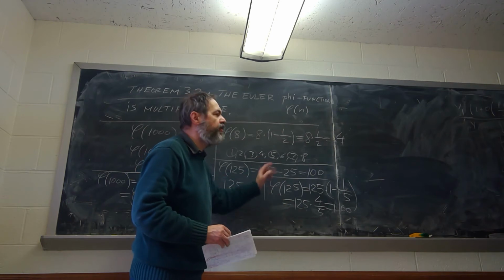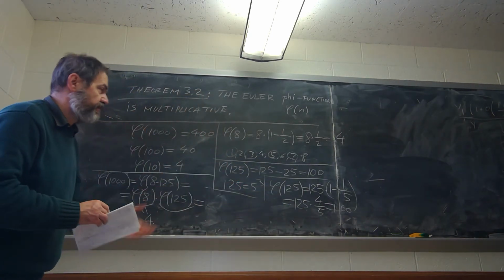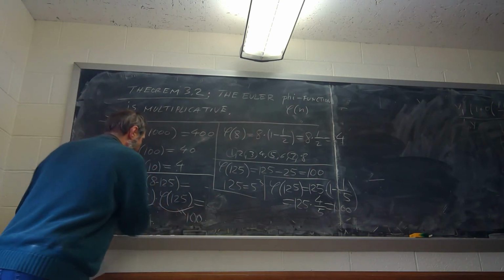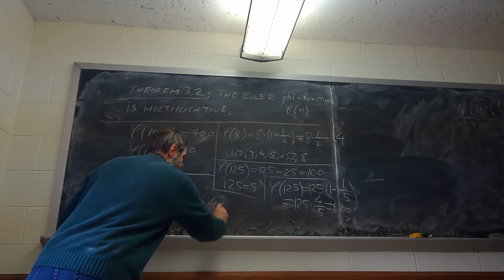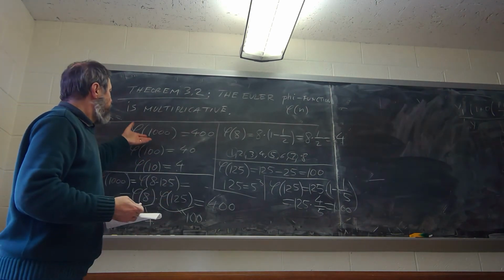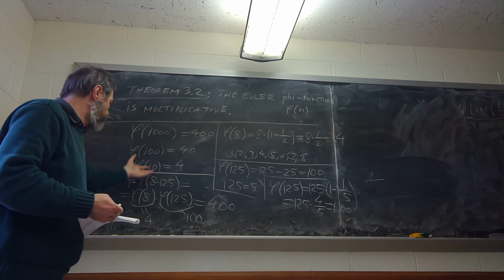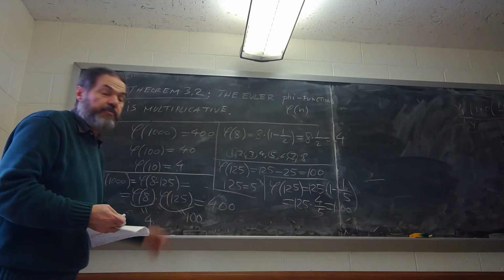We computed it in two different ways. Euler function at 125 is 100. So indeed, when I multiply them, I get 4 times 100, I get 400. So if I want, I can compute the Euler function in this way. Euler function at 1,000 is equal to its value at 8 times its value at 125, because the two numbers are relatively prime.